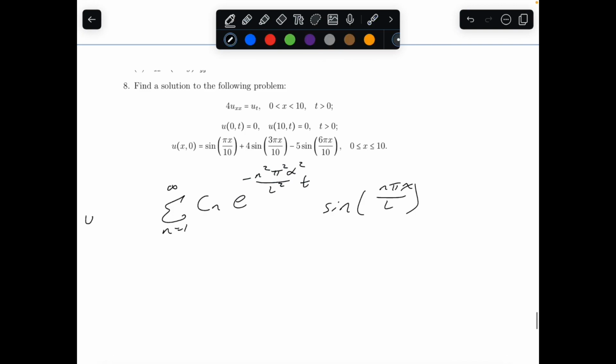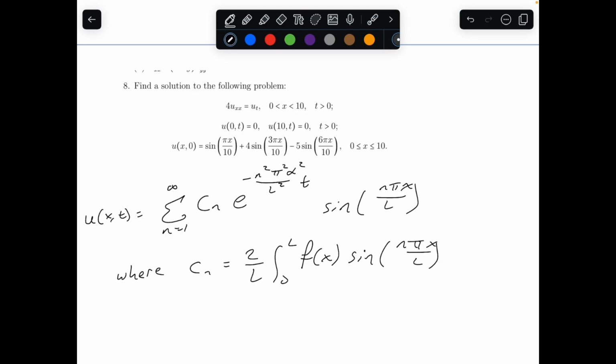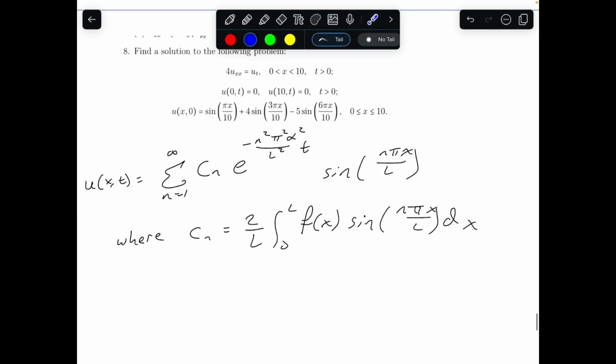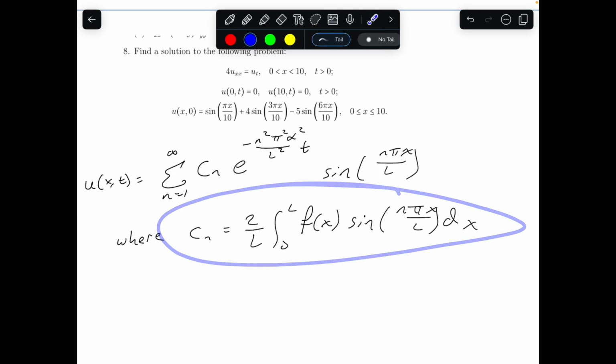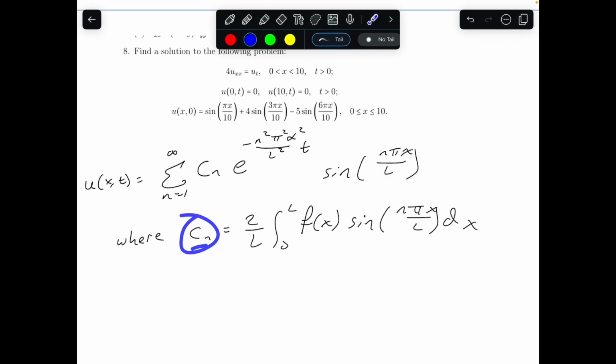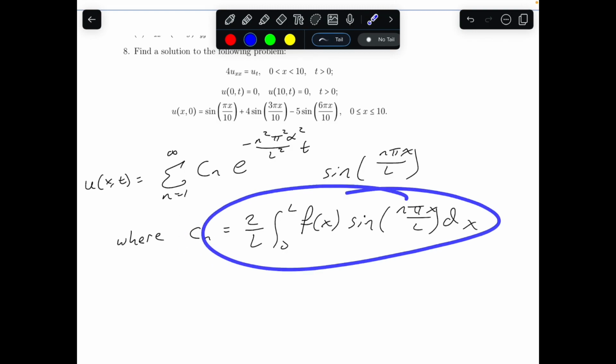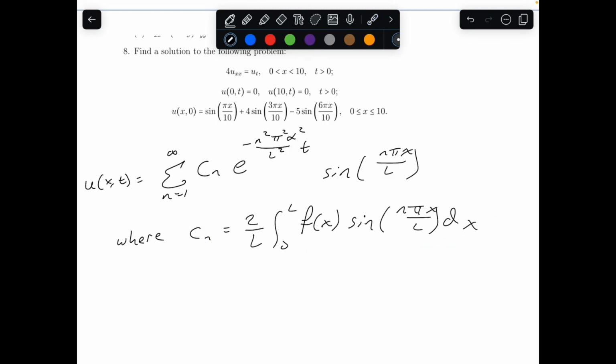Okay, so these are the solutions to the heat equation. This is what they look like, where c_n is equal to 2 over L times the integral from 0 to L of f(x) sine of n pi x over L dx. Now, what's important about the c_n's? The c_n's are the thing that you need to solve for, but what's important about them is not that they're equal to this integral right here.